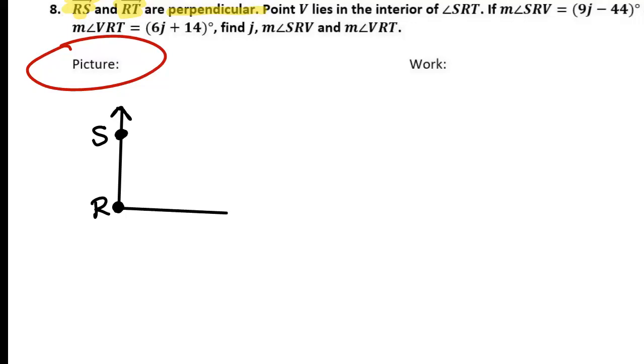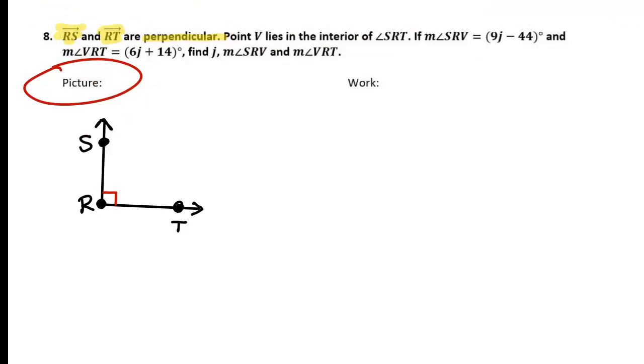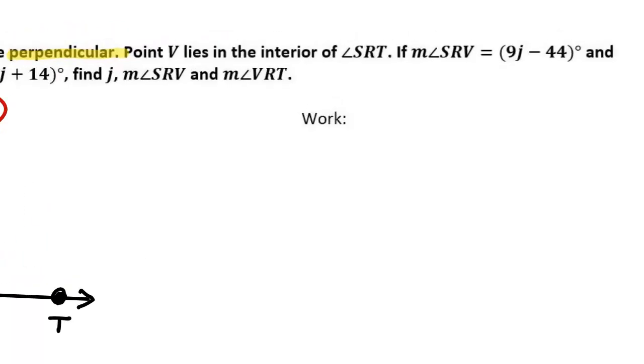And then I need a ray RT that is perpendicular to it. How should I show that they're perpendicular on the picture? Little square, little box in the corner showing me that it's 90 degrees.